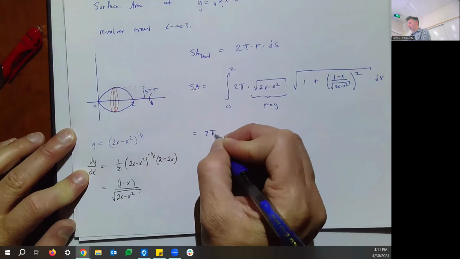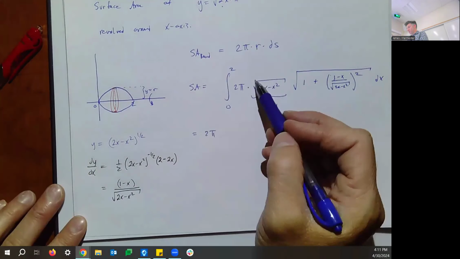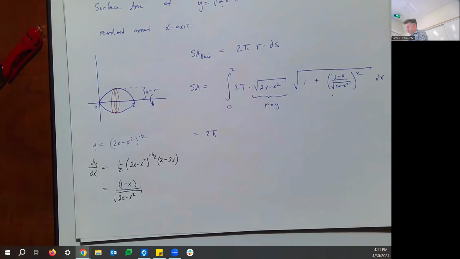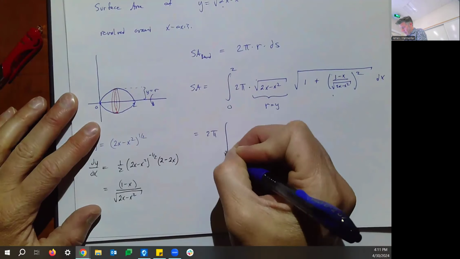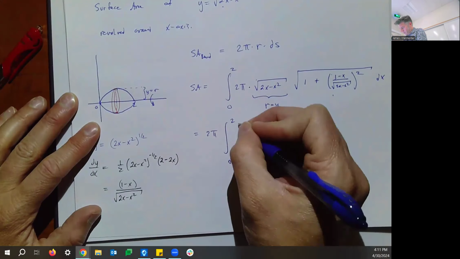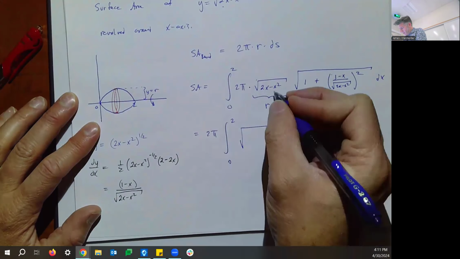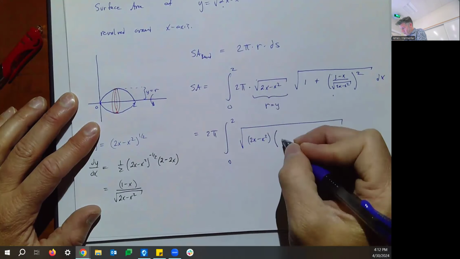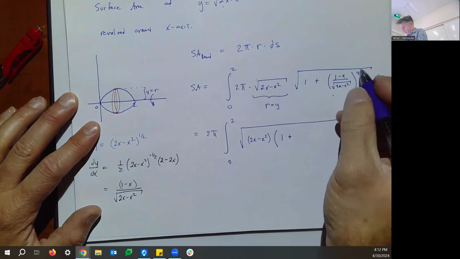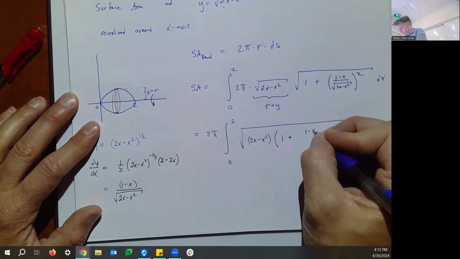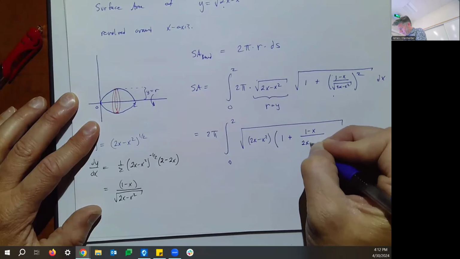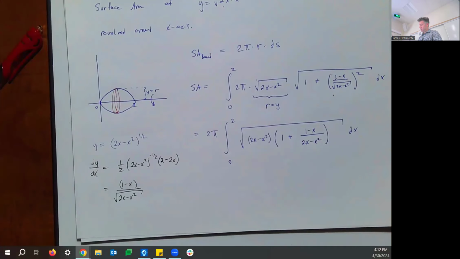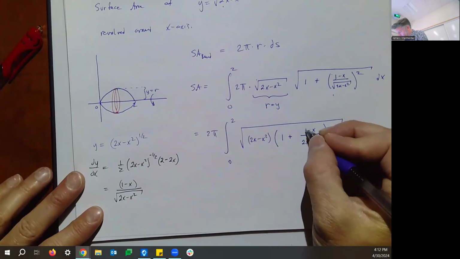Something that happens a lot is when you have a square root times a square root, you actually want to put them together in one square root. So let's reimagine this as the square root of this 2x minus x squared times 1 plus, I'm going to square this out and get 1 minus x over 2x minus x squared. And that seems like it's going to be awfully convenient. Oh, sorry, that's 1 minus x squared, apologize.